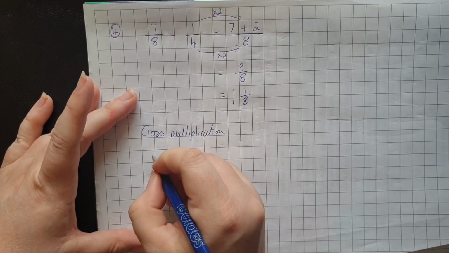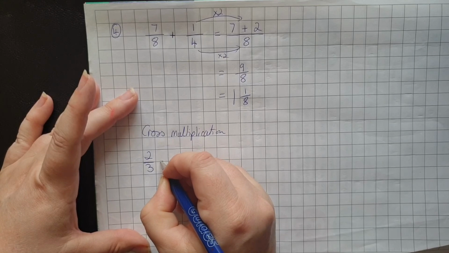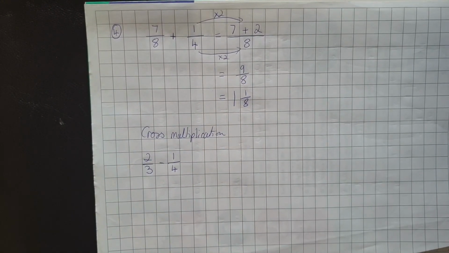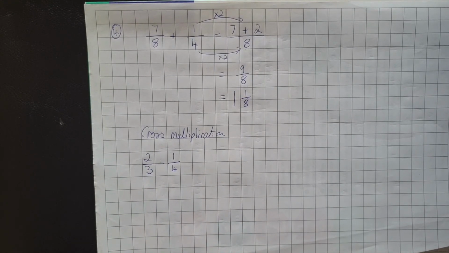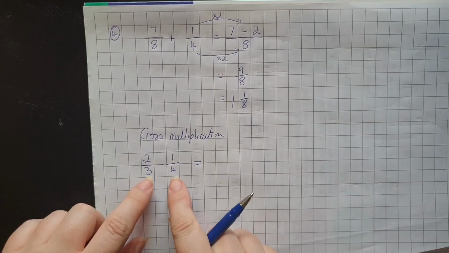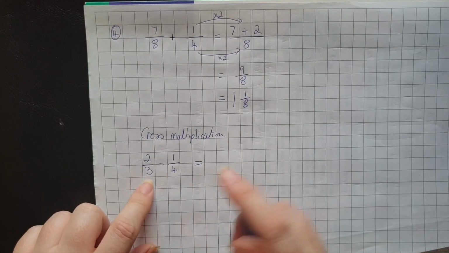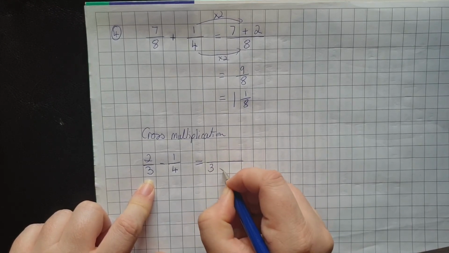For example, if we take 2/3 minus 1/4. 2/3 minus 1/4. So we can't see this clearly. So what we do is we take the two denominators and multiply them.